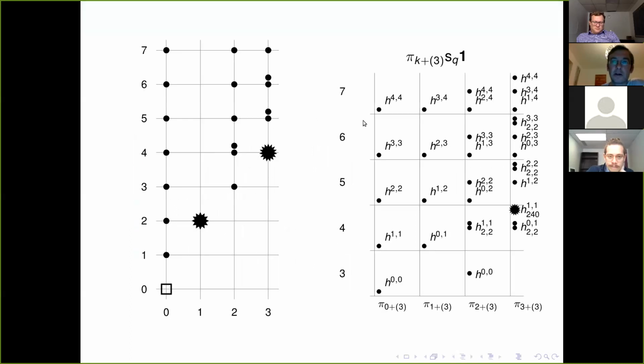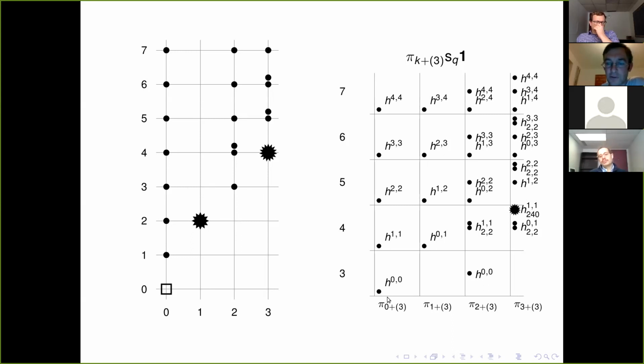And if, for example, we look at pi k plus brackets 3 of the E1 page of the slice spectral sequence, then of course we start by looking at information from the 3 slice. So in the 3 slice you have 2 summands here, a 3 plus brackets 3 suspension and a 2 plus brackets 3 suspension.